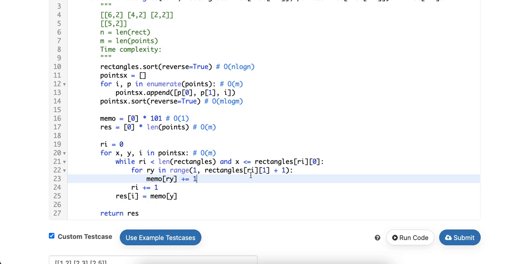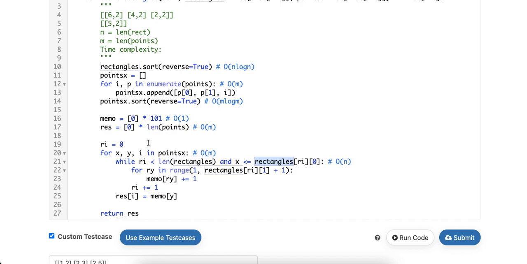It's still fulfilling this, but remember that this ri is carried forward, so actually the whole while here, this one can definitely go up to n, which is the length of rectangle.